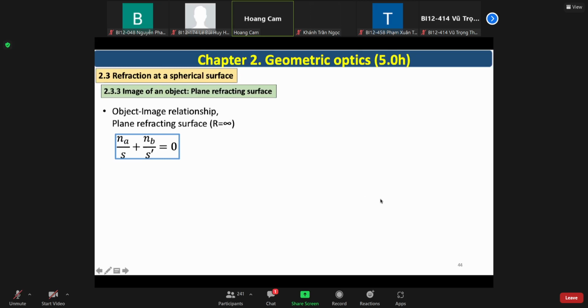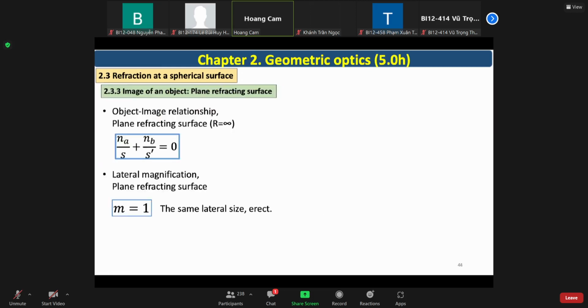Don't make it too complicated, but pay attention: NA here means N with subscript A, not N multiplied by A. So R goes to infinity, and on the right-hand side this ratio goes to 0 in the limit. So you have NA over S plus NB over S prime equals 0. From that, you can deduce the lateral magnification, which is equal to minus NA s prime over NB s, which will be equal to 1. Pay attention to that as well. Here we go: same lateral size and erect.